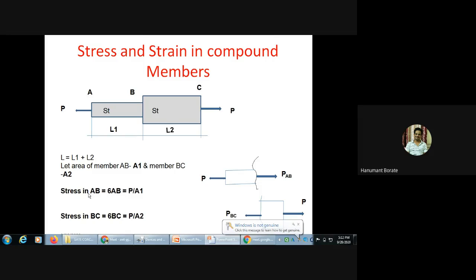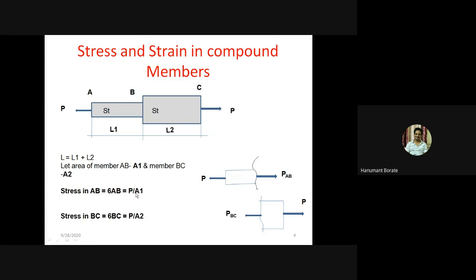Okay. Now stress in member AB, sigma AB, equals P divided by the area of cross section of member AB. Stress in member BC equals P divided by A2, right? Now to find out the force in member BC, we break the system again in between B and C, and we draw the free body diagram. But this system is in equilibrium. This means summation Fx equals 0, summation Fy equals 0, and summation of moments of all forces about any point equals 0.